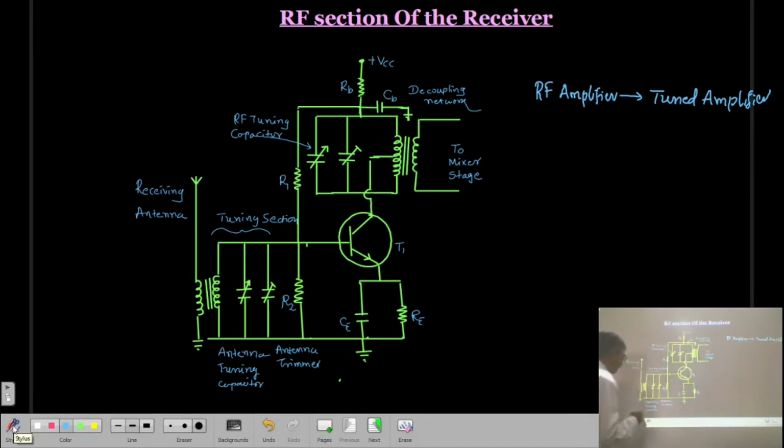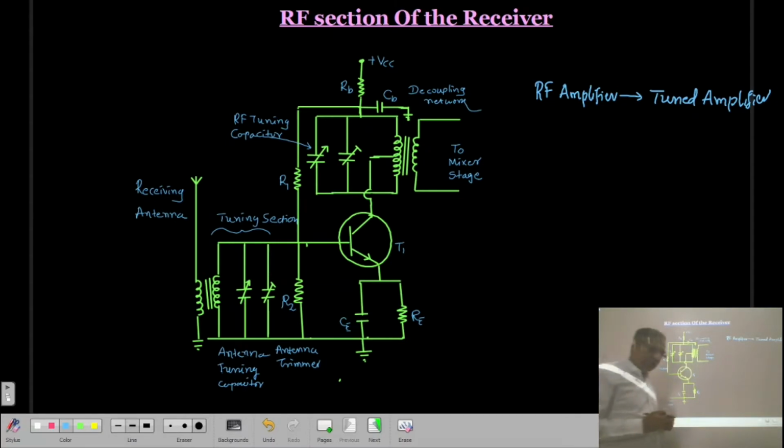At the input part, we have a tuning section, and at the output also another tuning section is there. So if we have the RF amplifier in the receiver, then there will be two tuning sections. Now at the input, the receiving antenna is there.